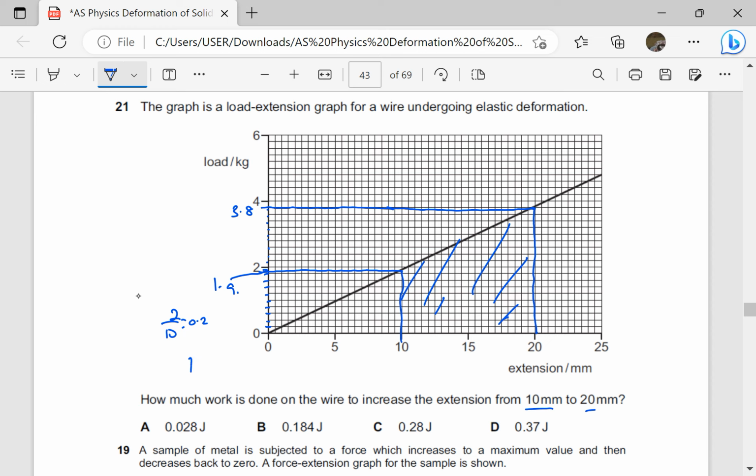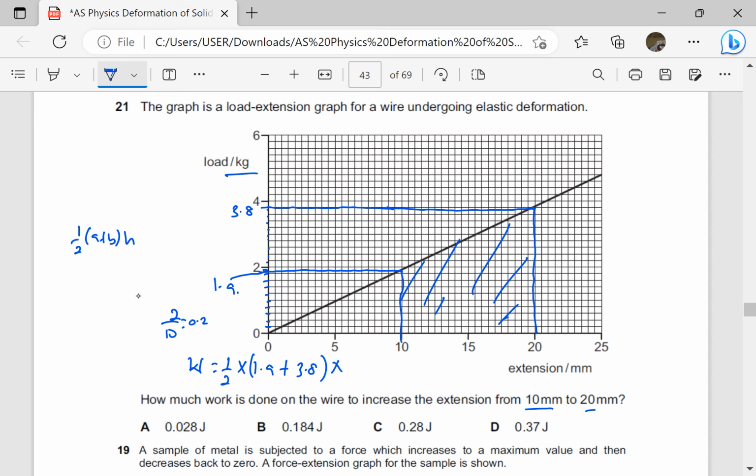Okay, so the work done is going to be the area under that part of the graph, which is a trapezium, and the area of a trapezium is a half times A plus B times height. So I'll say a half times A, which is 1.9, plus B, which is 3.8. Remember, these are masses, so I have to change this to weight.